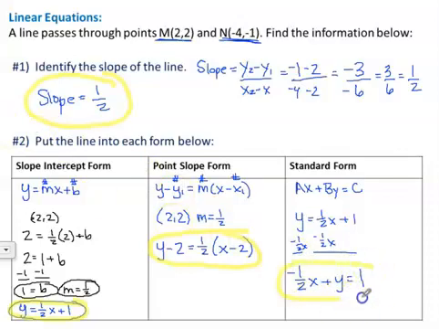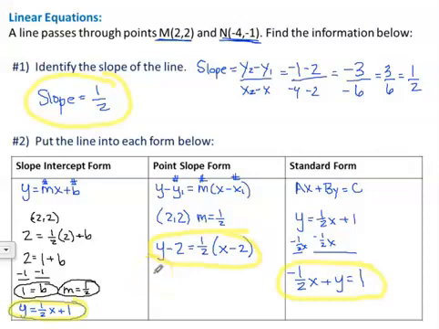Again, I know this might all look kind of strange to you, but you're going to spend more time looking at the Schoology lessons and get better at putting the equation of a line into 3 different forms. So this equation here represents the same exact line. That's what I want you to take away.